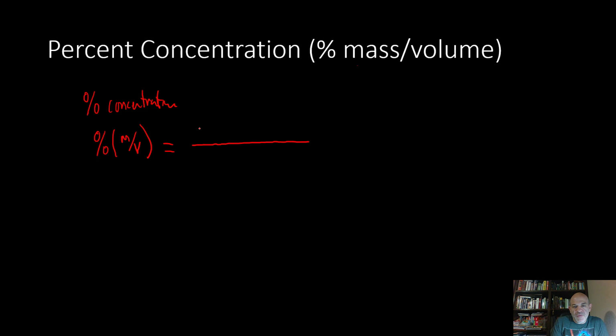And so here remember it's an amount of the solute, so in this case it's the mass, and it's going to be mass in grams. And this is of the solute. And this is going to be divided by the volume of not the solvent, but the solution. Okay. And in this case, it's going to be convenient to have that volume in milliliters. Okay. And then you're going to multiply it by 100.